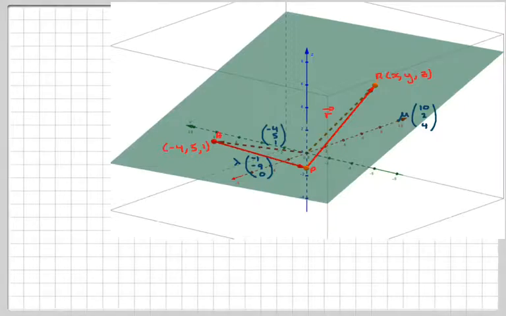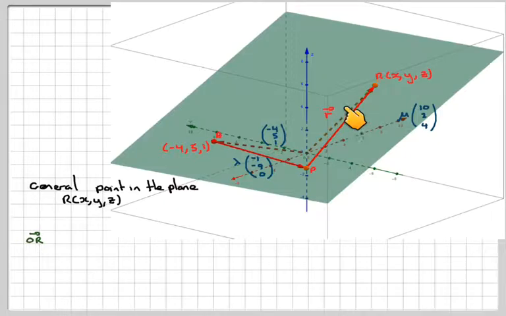So the general point in the plane is R, X, Y, Z, and we just said O to R is the same as going O to A plus some multiple of this vector here, A to P, and the multiple normally is lambda, plus some multiple of this vector P to R, and the multiple normally is mu.